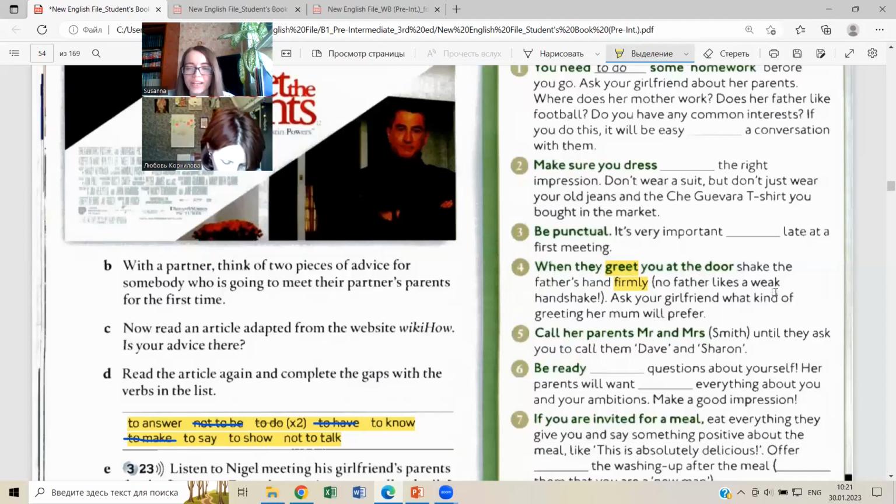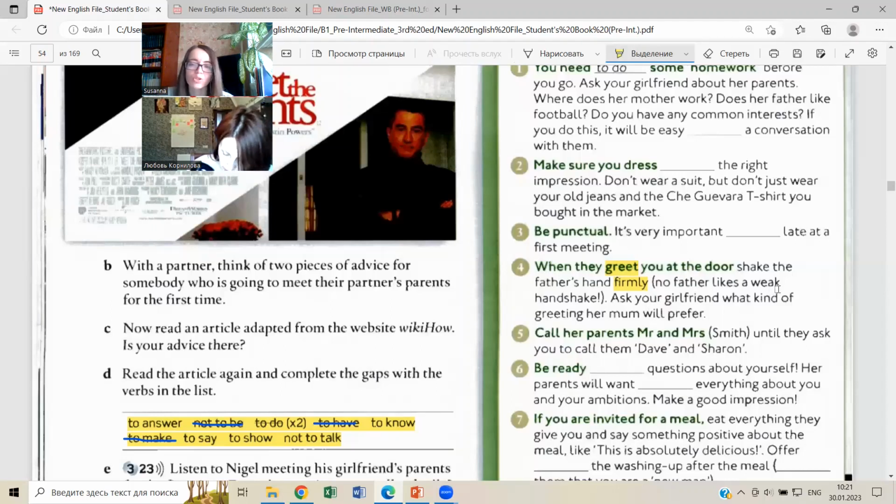And so shake the father's hand firmly. It means shake the father's hand strongly. Ну, сильно? Сильно, крепко. Yes, because weak, it's an adjective. It is the opposite of strong.